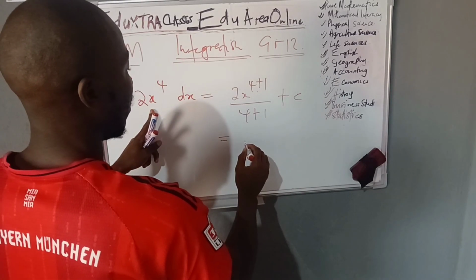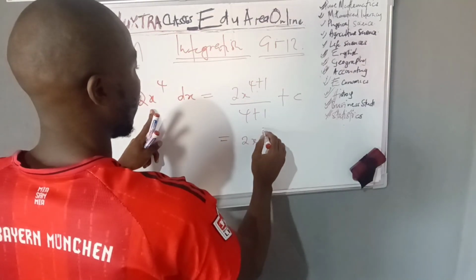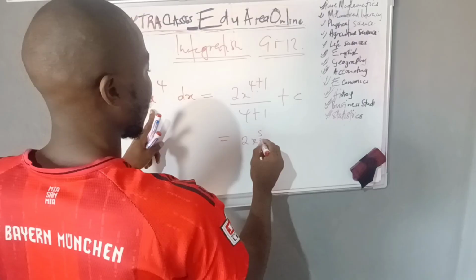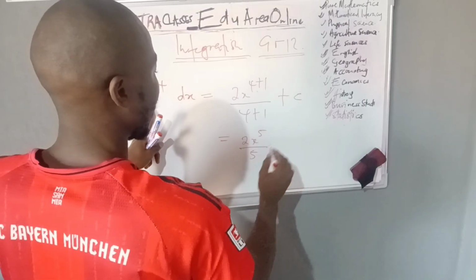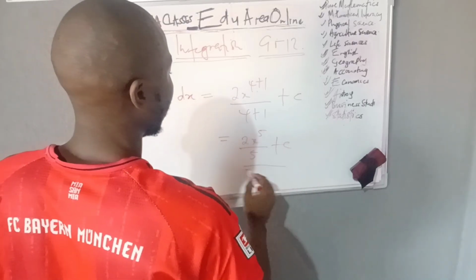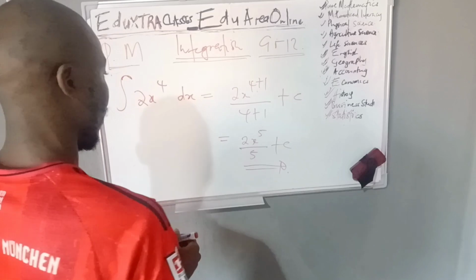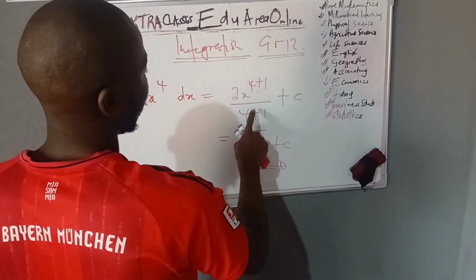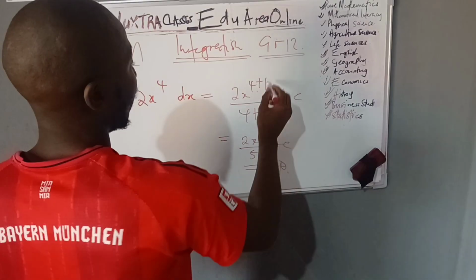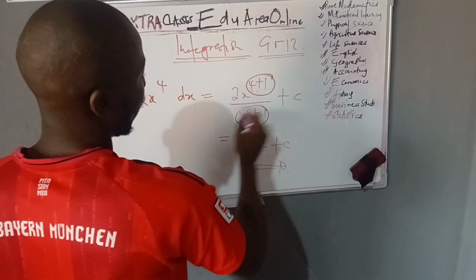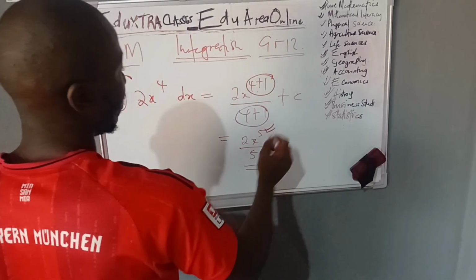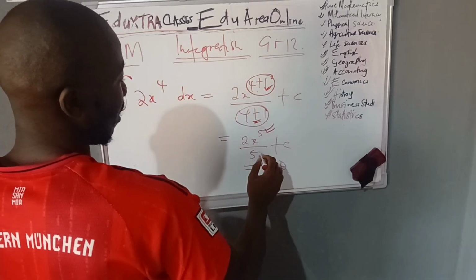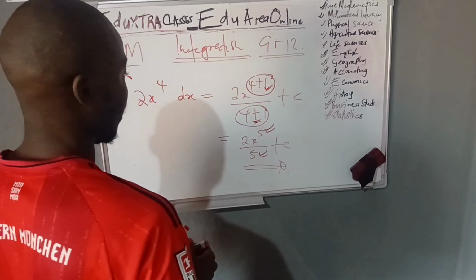And this gives us now 2x to the power 5 over 5, sorry, not 8, plus c. That becomes our integral. 2x to the power 5 over 5. The 5, where are we getting it? We are saying 4 plus 1. So 4 plus 1 is 5, which is the power and also the divisor.